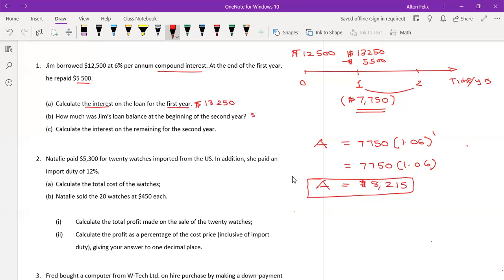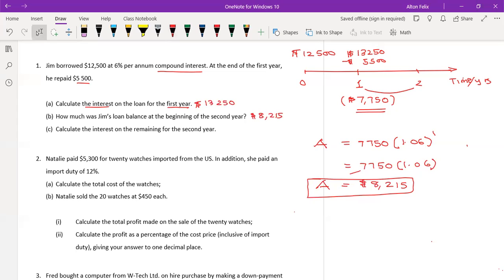After the second year, it will be 8,215. Calculate the interest on the remaining balance for the second year. Well, same thing. So to find the interest, you subtract 7,750 from the 8,215. So let's work that out.